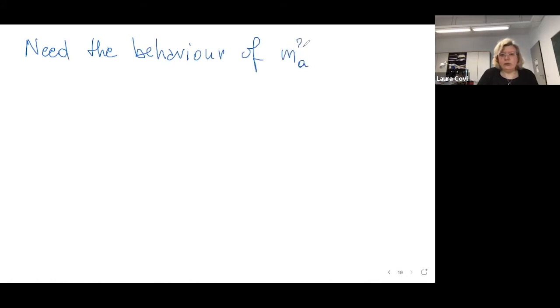Of course, you could solve it with m_a constant if you want. This is an approximation which is not exactly the correct result, but it does not make a huge difference. So this m_a^2(t), you can actually write more easily as a function of the temperature.